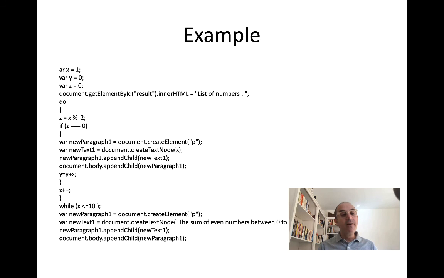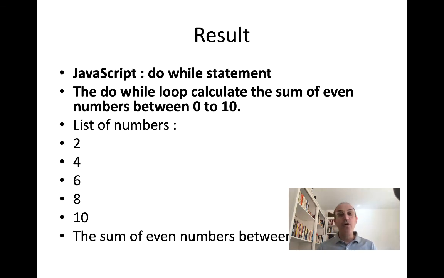New paragraph 1 is document create p, and the new variable new text is document create text node. The sum of even numbers between 0 to 10 is, and I will add the number plus y, because y is equal to 0, and the new paragraph, a child paragraph, I will say new text 1, and document body, and I will say new paragraph 1 in order for it to do that.